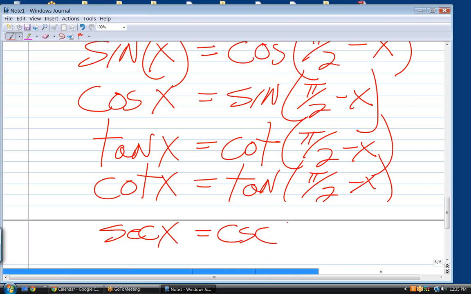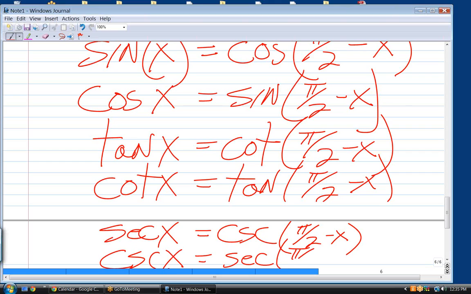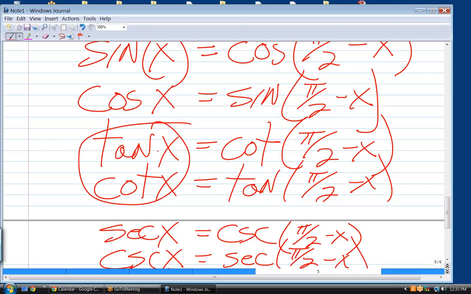Those are cofunctions. Not to be confused with reciprocal. Notice that the reciprocal is not the same as the cofunction, except with tangent and cotangent. In other words, these two are not only cofunctions, they're also reciprocals. But the reciprocal of sine is cosecant, and the reciprocal of cosine is secant.